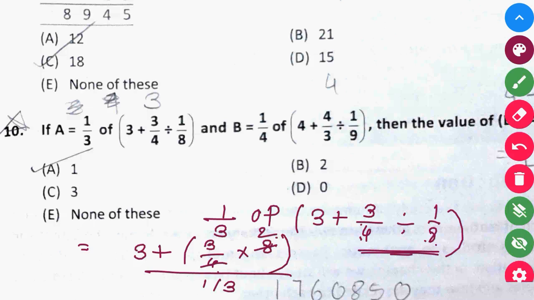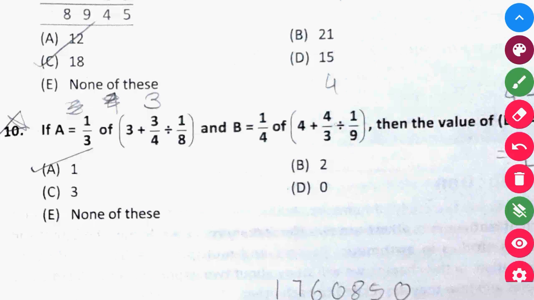Now 2 3s are 6. Okay. So here 3 plus 6 is equal to 9. Okay. And 1 by 3rd of 9 means 3. So A's value we got as 3.